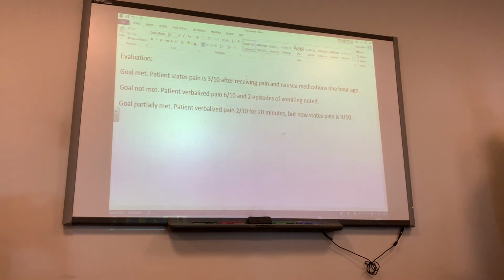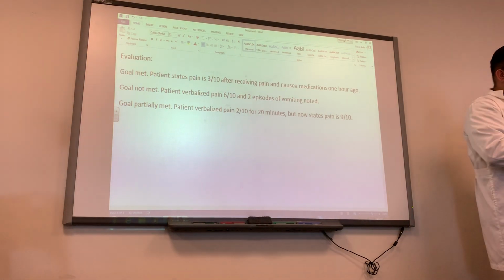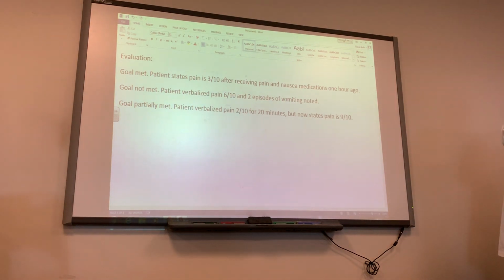So on these second two, when we say goal not met and goal partially met, what do we do? Hope and pray? Hope for change? You know? No. We're gonna see what else we can provide. We don't automatically call the doctor. If I gave them morphine, the order might be written out a certain way. For pain, 7 out of 10. But then there might be another morphine order, provide for pain 8 to 10 if first dose ineffective.